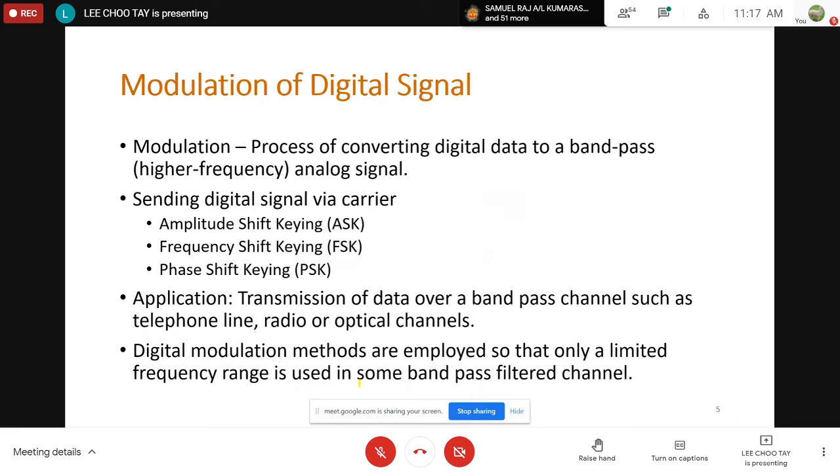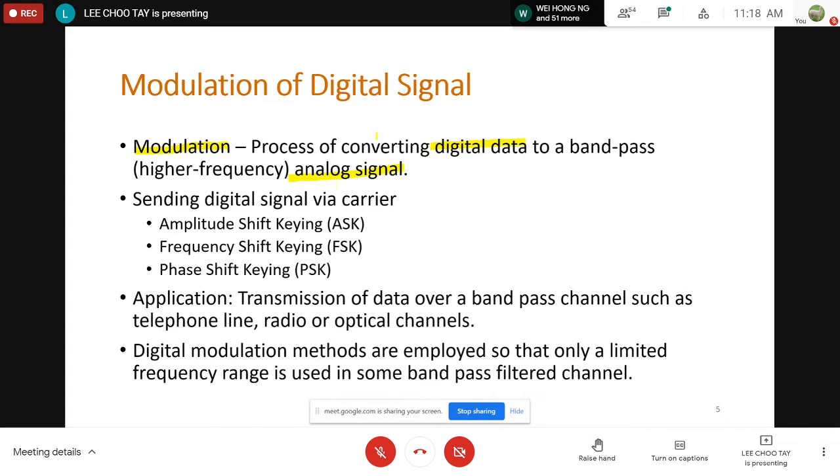Right, so modulation of digital signal. The definition is still the same. The only difference now is we convert our digital data to a band pass or high frequency analog signal. Remember in analog modulation techniques, we talk about amplitude modulation or frequency modulation.